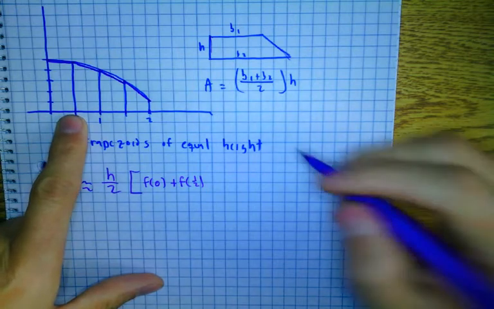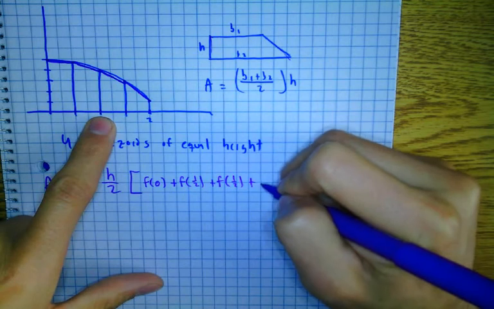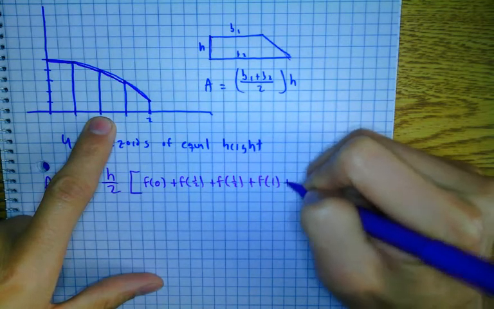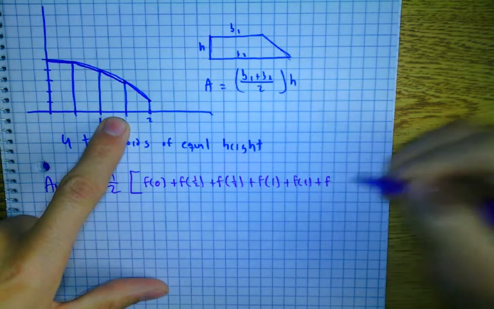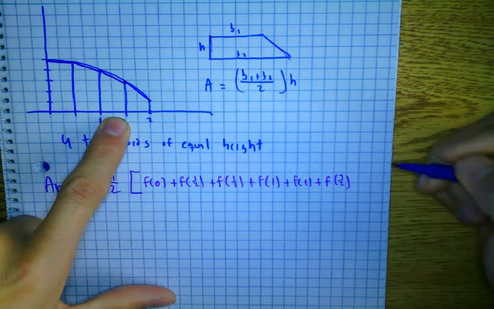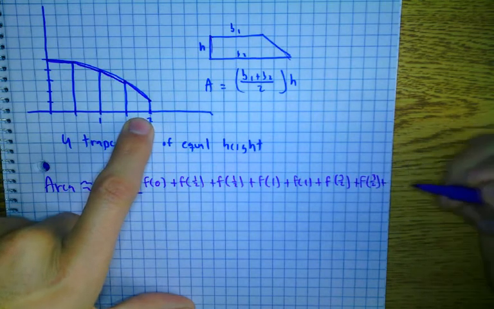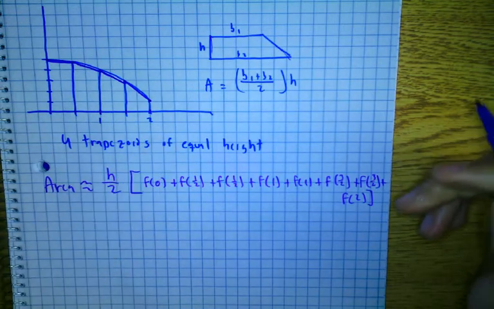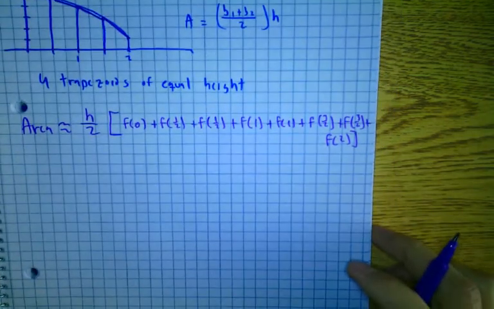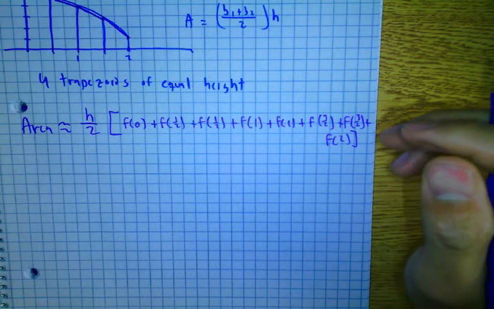The first base would be F of 1/2, and then the second base would be F of 1. The third trapezoid is going to be F of 1 and F of 3/2. And then the last one is going to be F of 3/2 and then F of 2. All right, make a quick observation out of all those values.